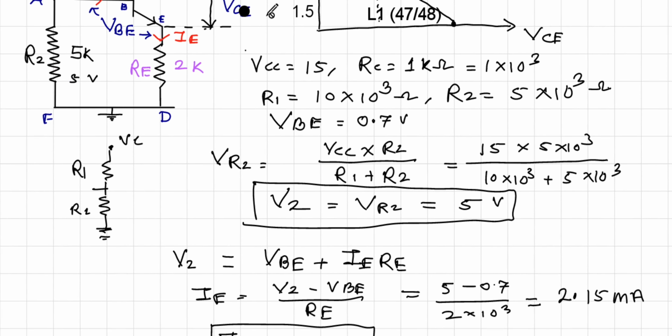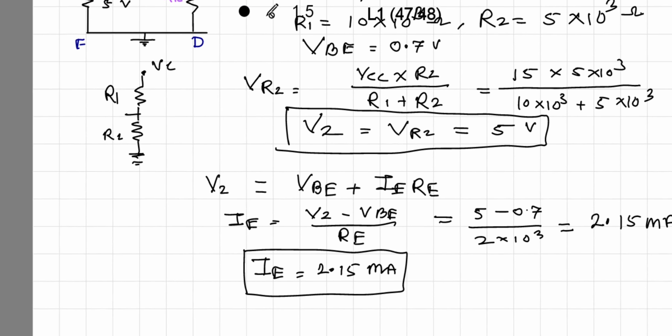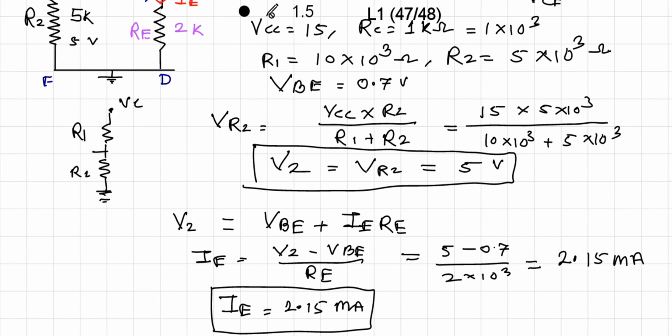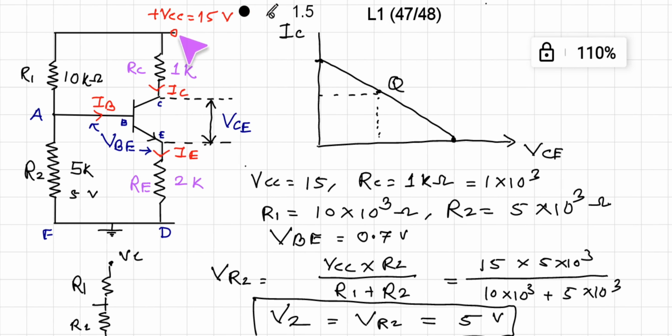Now if we look at the figure, in this branch, applying Kirchhoff's law, VCC is equal to voltage across this resistance, that is ICRC, plus voltage across collector emitter, that is VCE, plus voltage across this resistance, that is IERE.